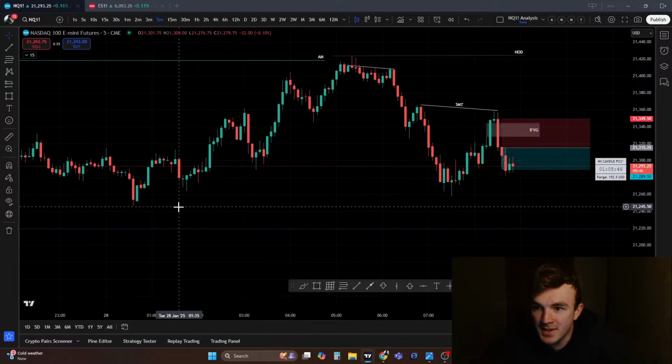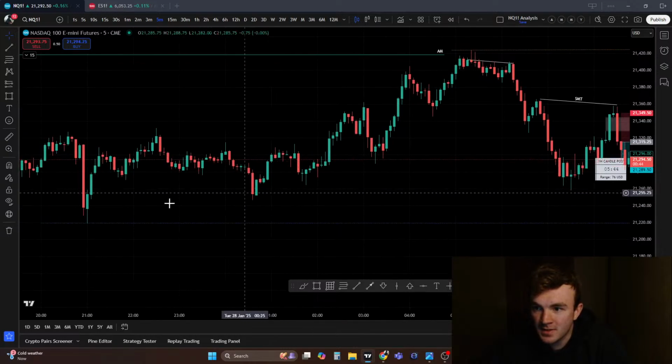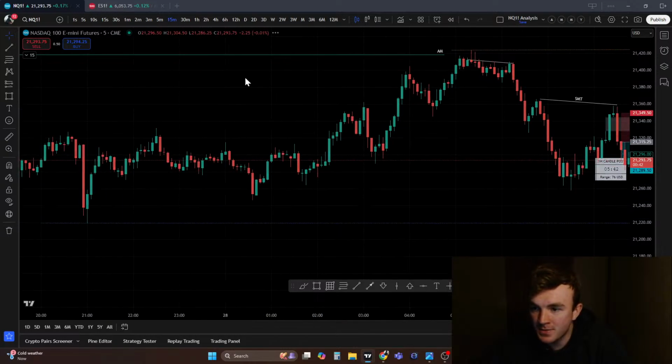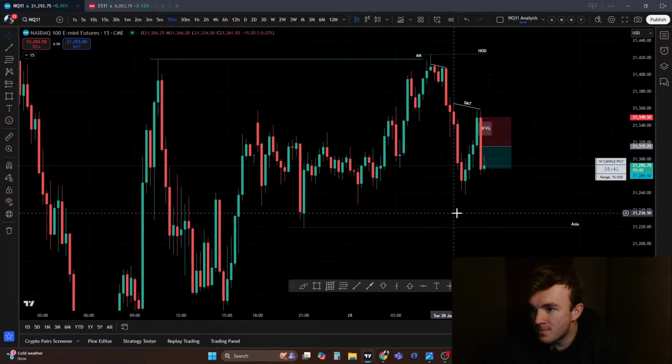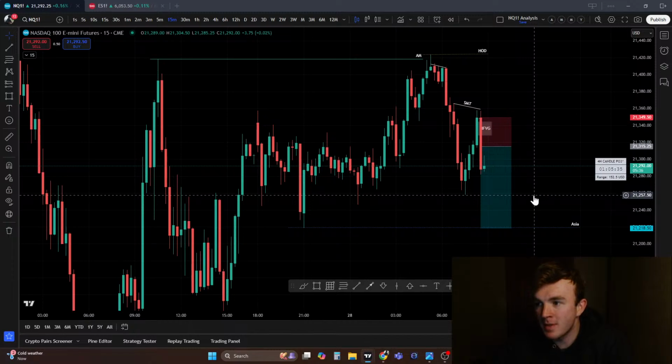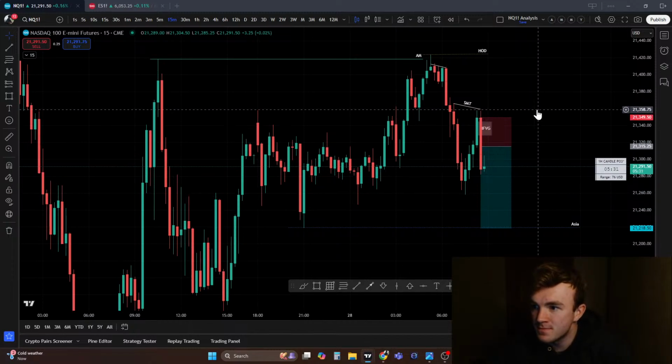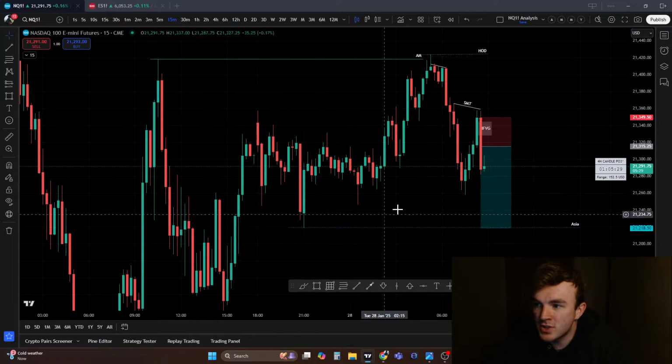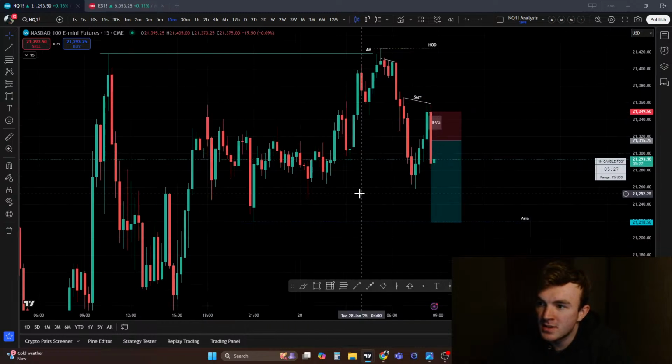It's decent because you have all this liquidity below. The idea would probably be to go target Asia. It's a nice trade.